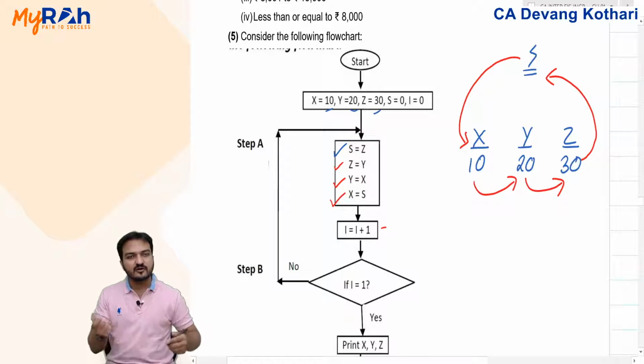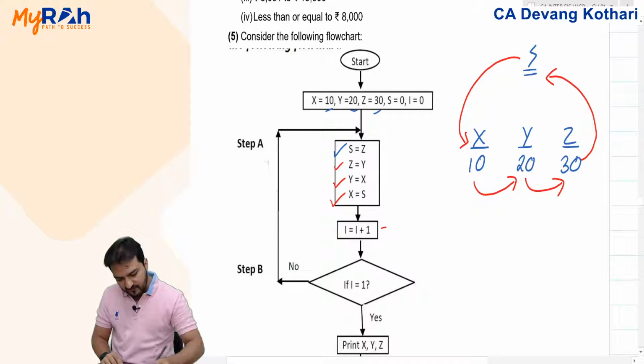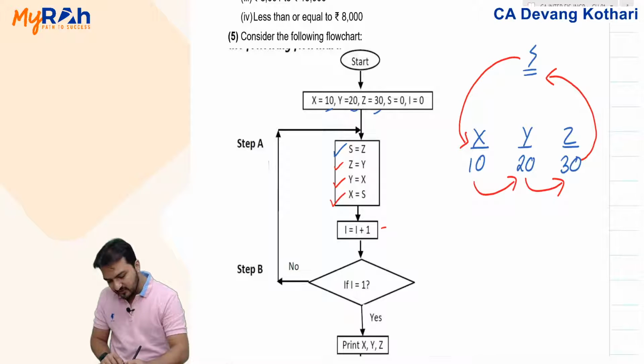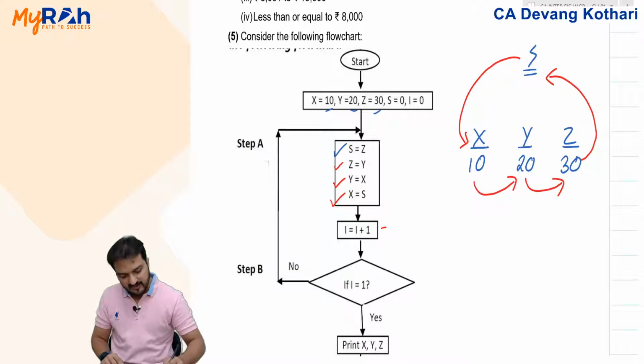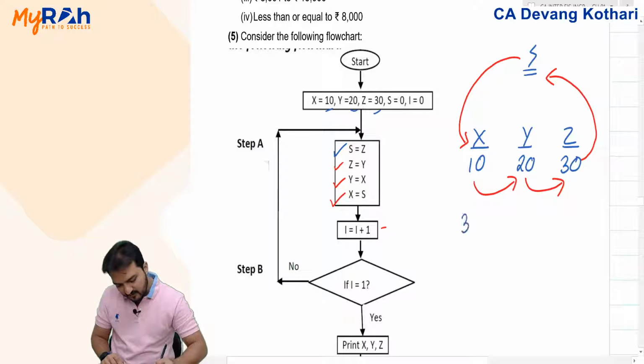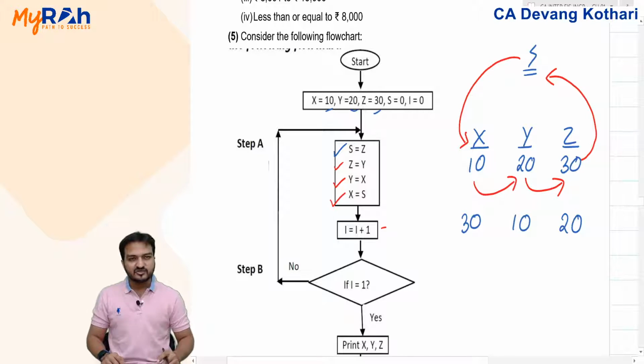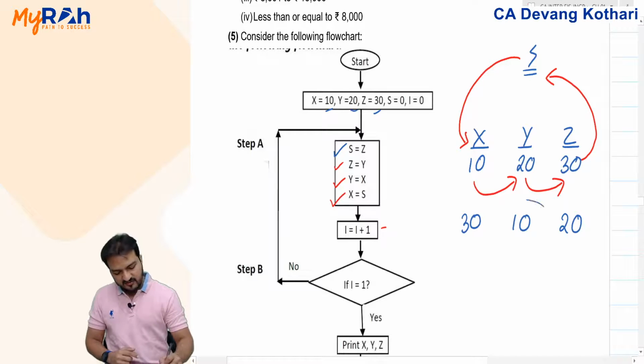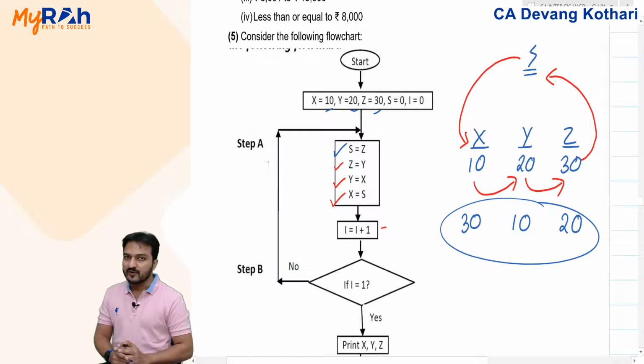So after one circulation, what will be the answer? Well, after one circulation like this, X will get 30, this becomes 10 and this becomes 20. So actually after one circulation, your answer will become 30, 20 and 10.